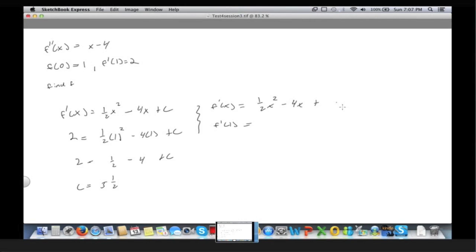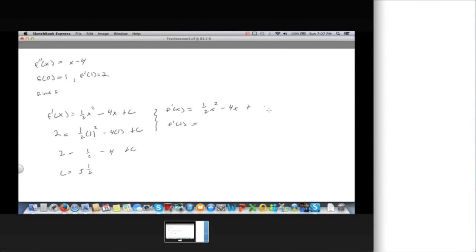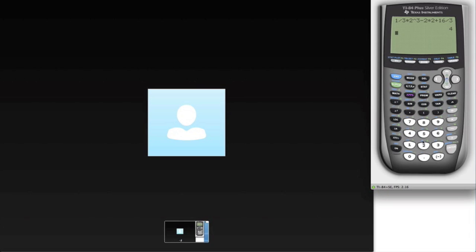Okay, 5 1/2 actually means 5 plus 1/2. I think if you think about that, you'll see that's right. Do you see why that's true? So that's how we can enter it into the calculator. And then you can go back to the fraction menu on your calculator. 11 halves. Okay, good.